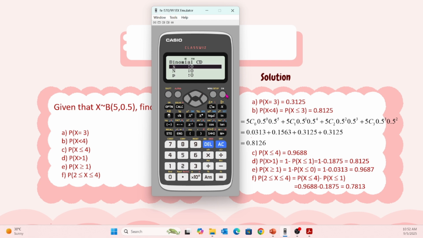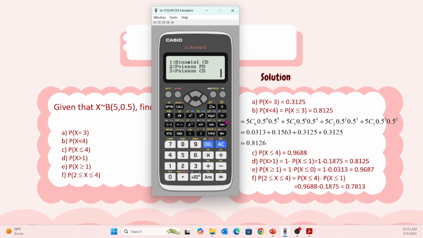Here you key in 3 for x, N is 5, P is 0.5. So you get the value here. If x is less than or equal to 4, x will be 4.